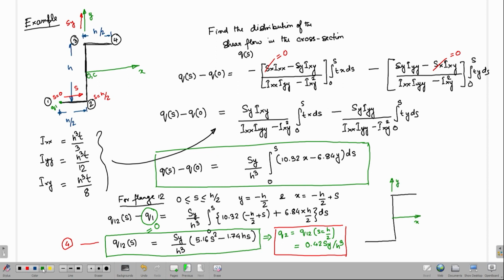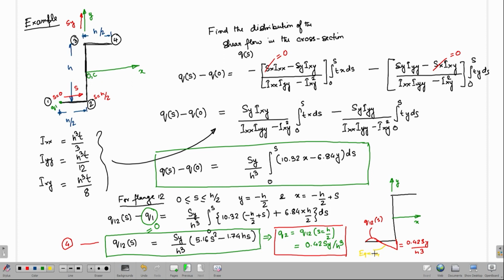Then the shear flow here is going to look like this: Q12 of s with this value being 0.42 Sy by h cube, and this line is given by equation 4.